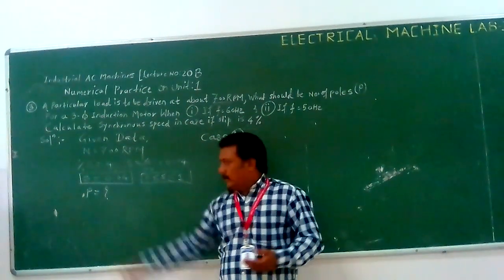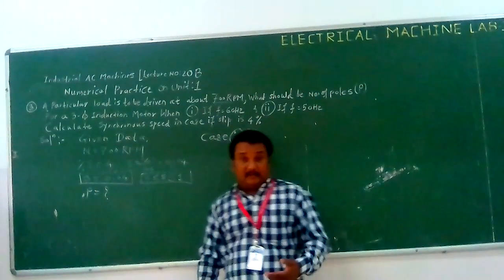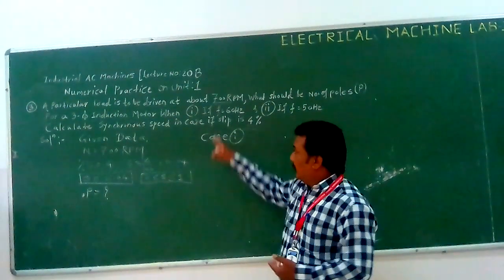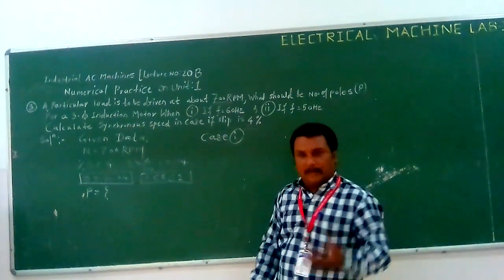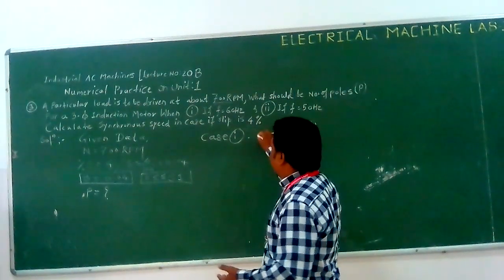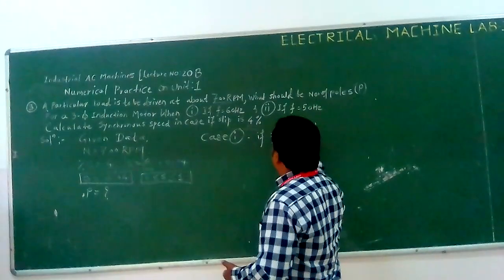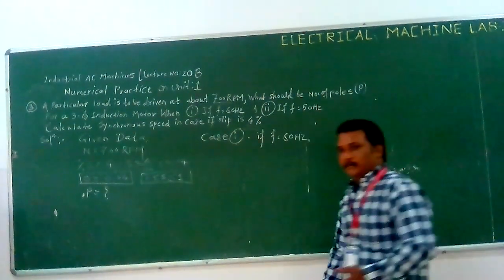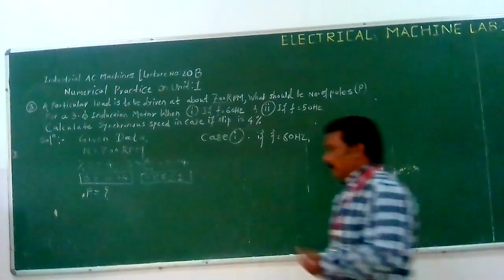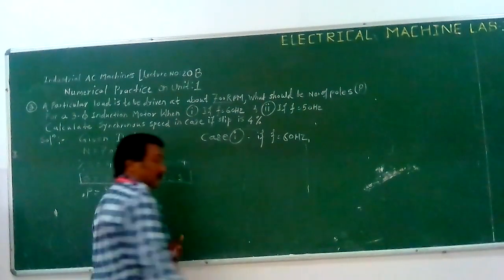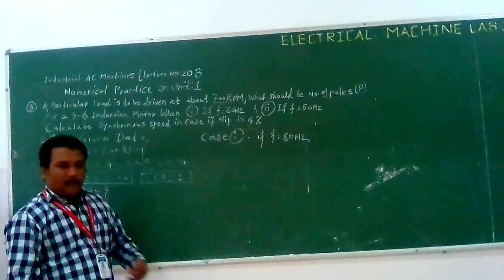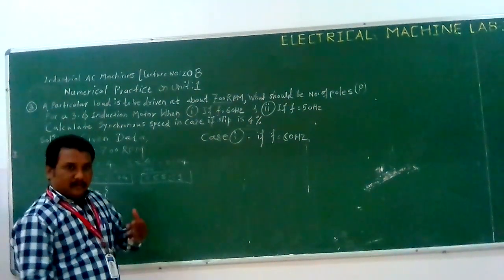We have to calculate the number of machine poles, but there are two cases. The first one is case 1, if frequency is 60 Hz.